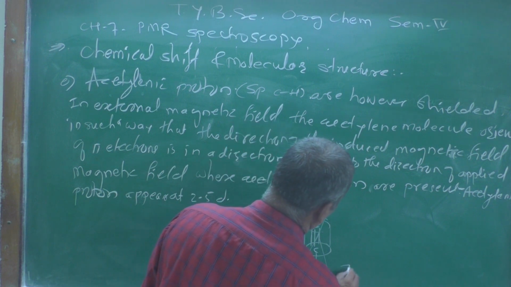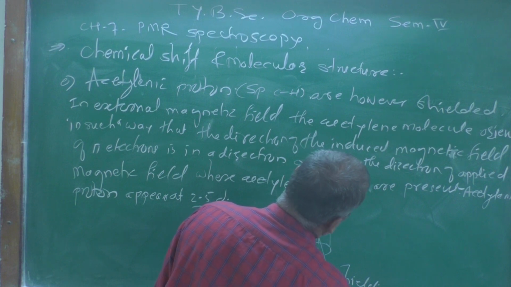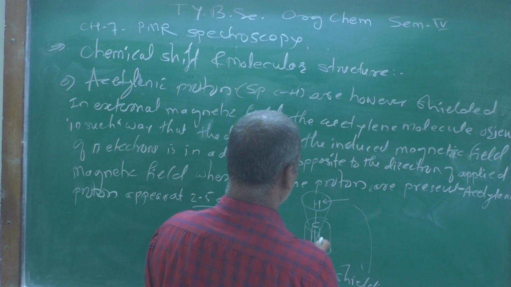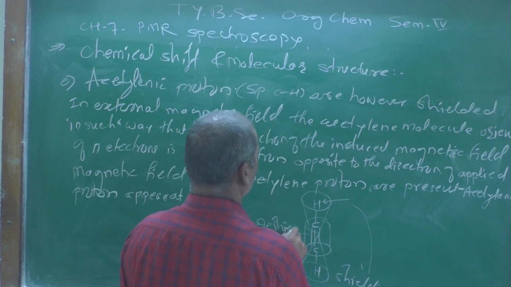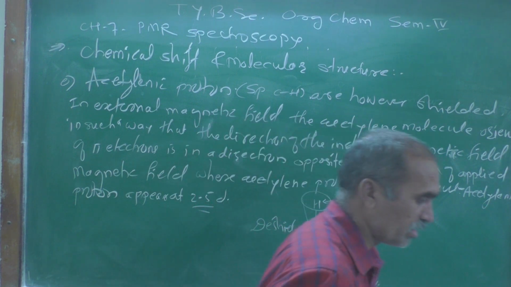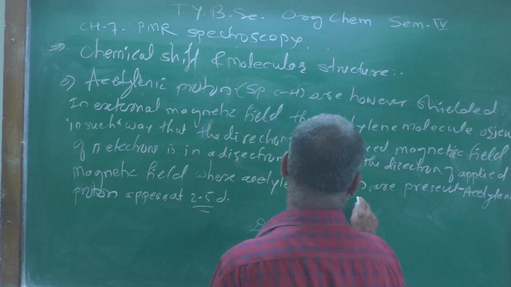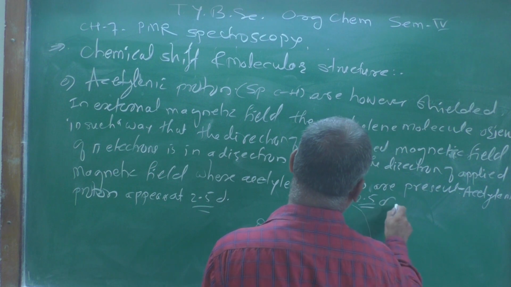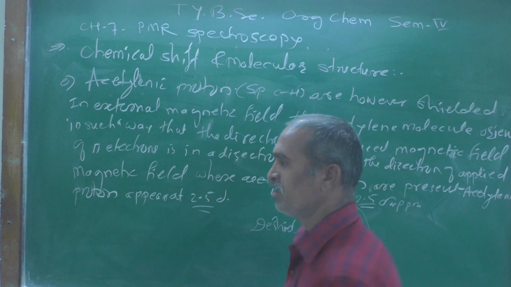This is the shielding zone, this one also has a shielding zone, and the middle one is a de-shielding zone. These acetylenic protons fall in a shielding zone, and therefore the chemical shift value is found to be 2.5 delta or ppm.